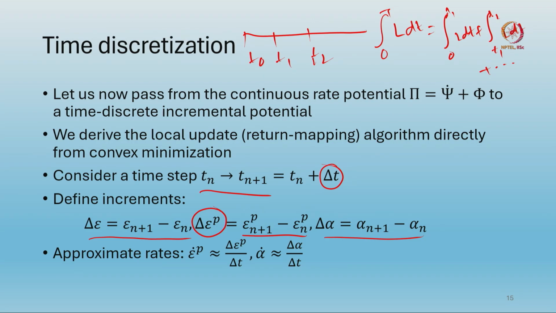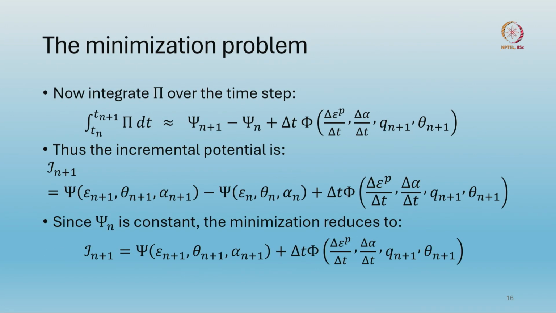We have to approximate the rates over the time interval delta t as delta epsilon p by delta t approximately equal to epsilon p dot, and similarly for alpha dot. These are the approximations that you have to do within a time recursive algorithm for implementation within a computer. Now let us come to the minimization problem.